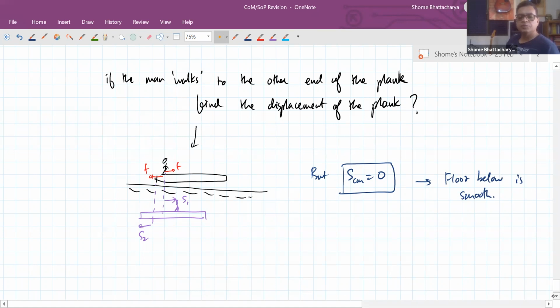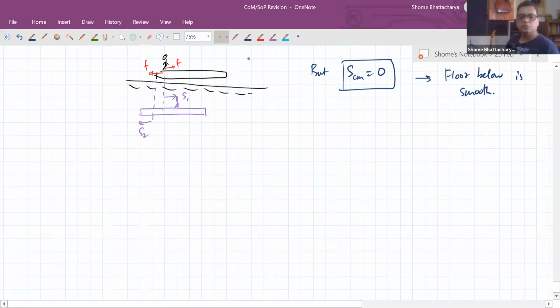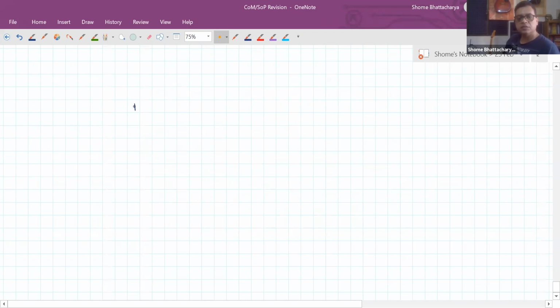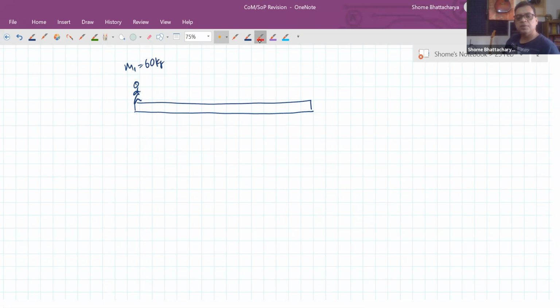Keeping that in mind, the way to solve this problem is to understand that in the beginning, this is a mass of 60 kg, which is located here, and the plank's center of mass is here. So there's a mass of 20 kgs, which is located at the center of the plank, at a distance of 6 meters from here.